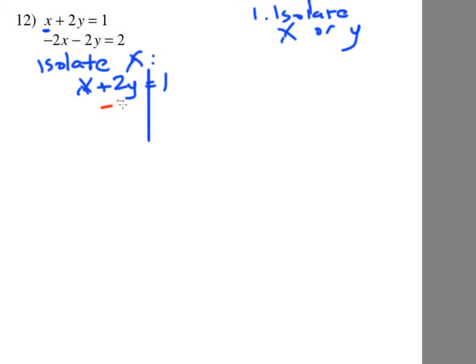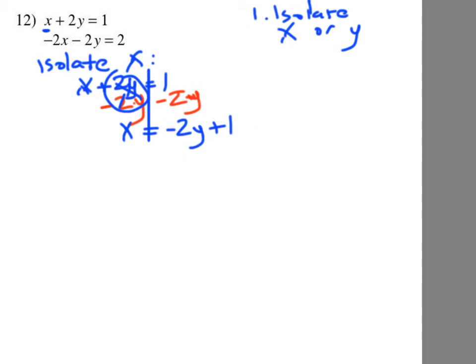Let's do the opposite, minus 2y on both sides, so that's going to give us a 0 pair. So we get x equals, remember these are not like terms, you cannot combine them, we just get negative 2y plus 1. Cool, so we did the first step. x equals negative 2y plus 1.